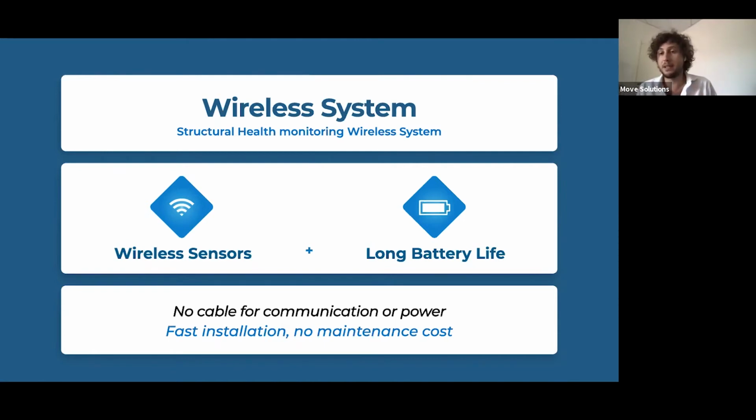After the battery life is done, you need to change it. You can change it by yourself, but there will be a cost of changing the battery. So that will be the maintenance cost of the sensor. Okay, so you can understand it has a good impact on the economy of your operation, having a wireless system.